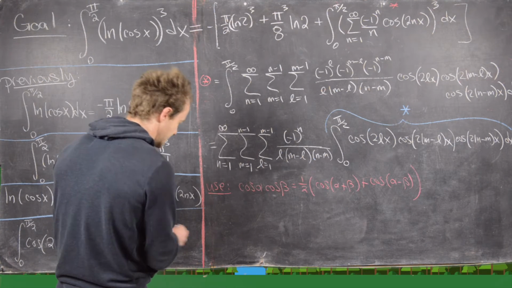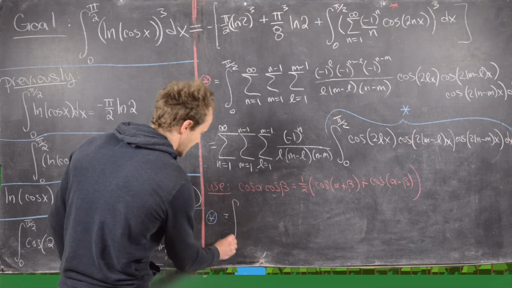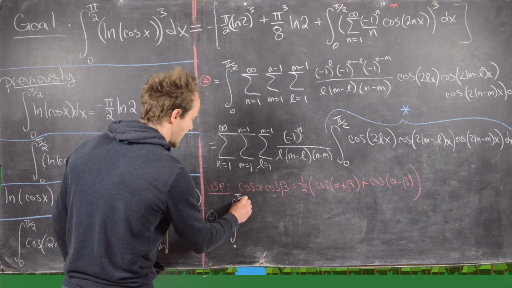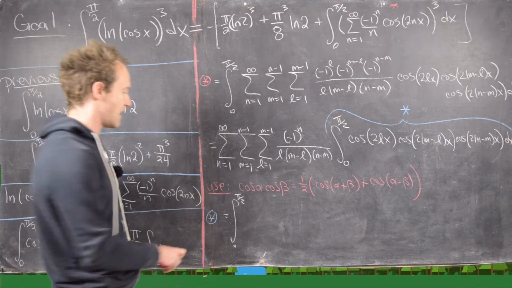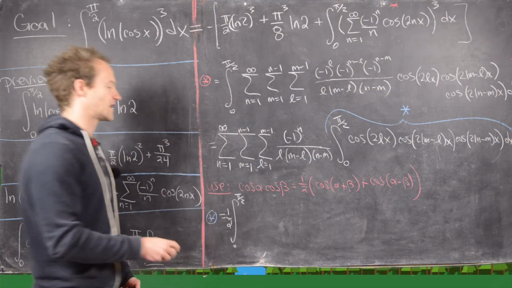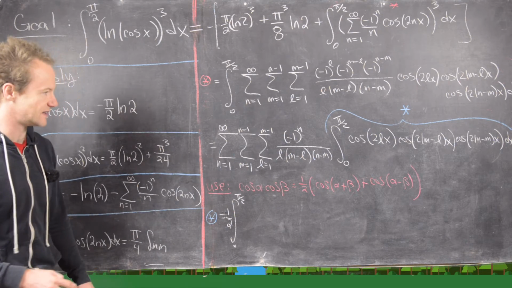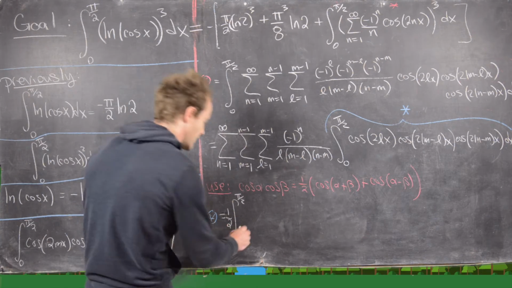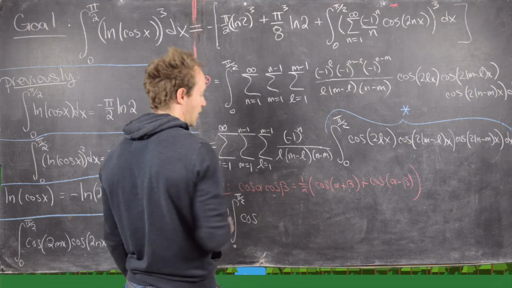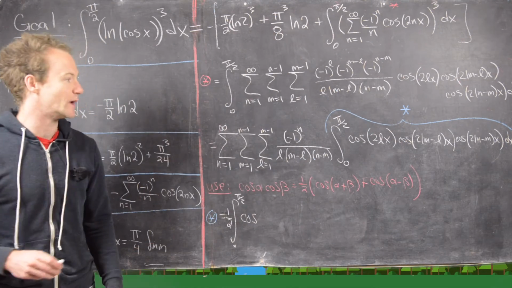So that means integral star is going to turn into the integral from 0 to pi halves of, I'm going to bring this half out front because I can, the half that comes from this product to sum identity. And now I'm going to have cosine of alpha plus beta. So notice alpha plus beta is just going to be 2m.